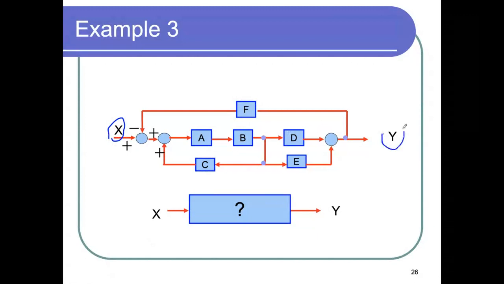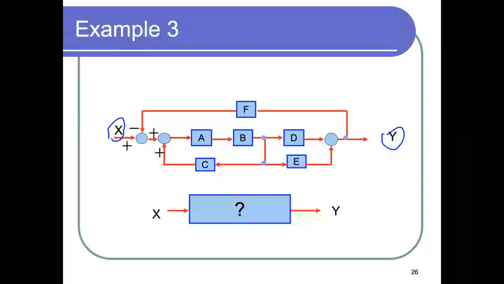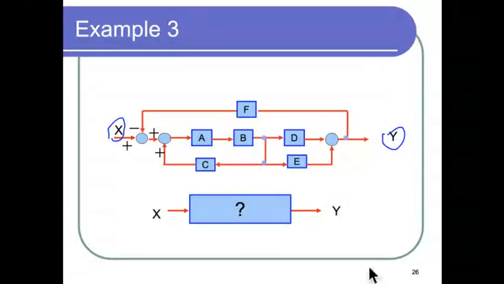It's the forward gain over, this is a negative feedback, so it's 1 plus the forward gain, again G H, multiplied by the feedback gain. So it's GH over 1 plus GHK. This is one block that is equivalent to this entire system.